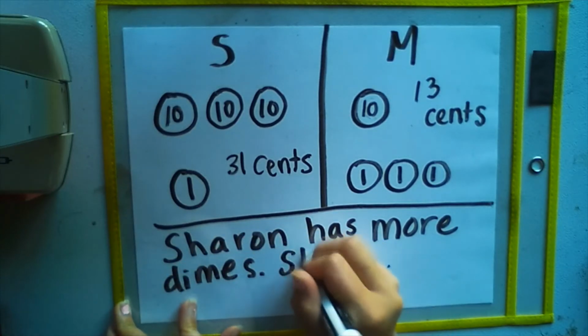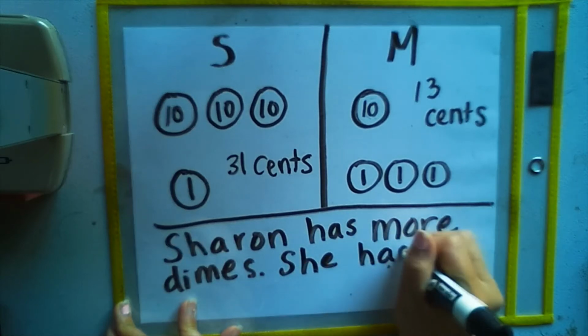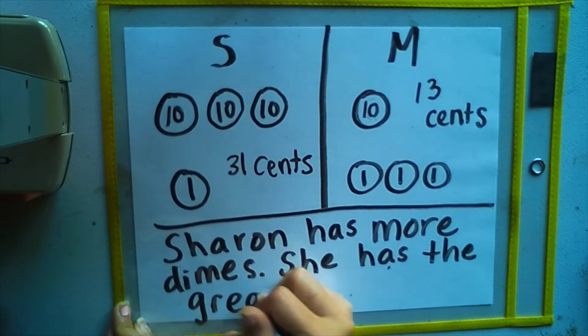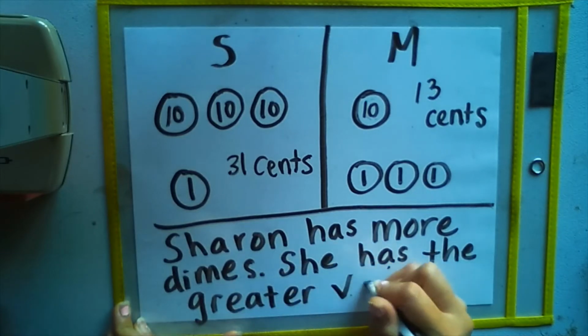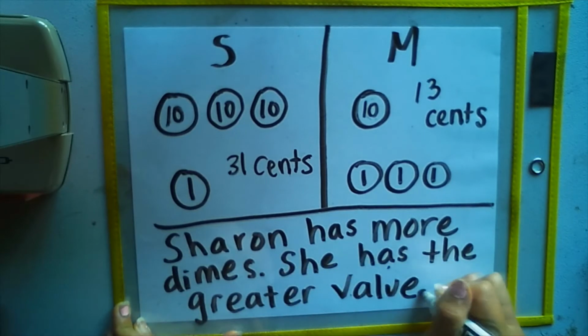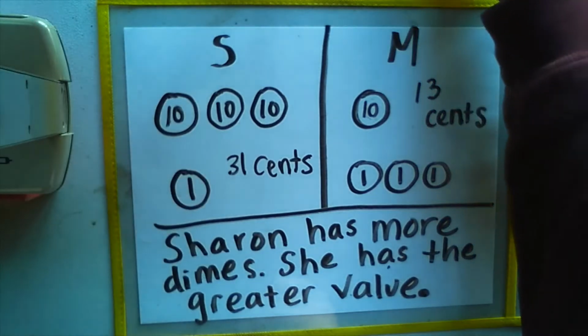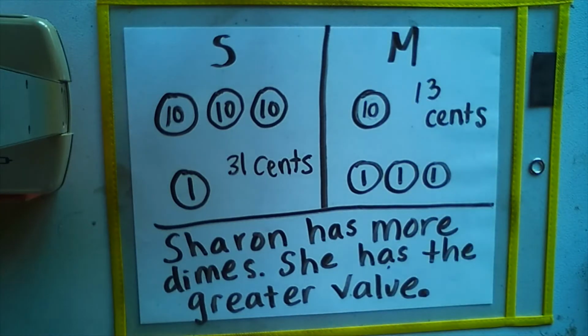She has the greater value. Great job, my friends. So make sure you write this down too if it's helpful for you to work through the problem with me. Let's go ahead and move on to our teacher model.